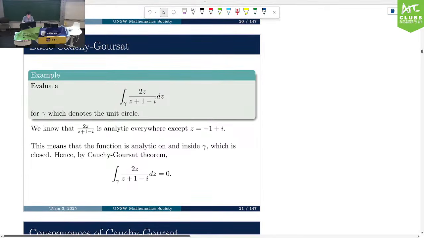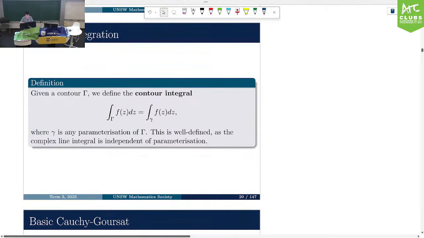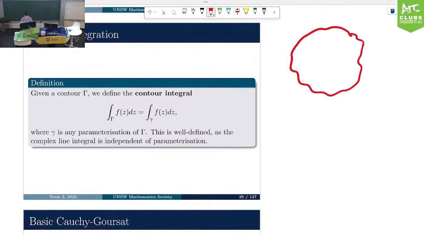Yep, so another thing that's very useful in complex integration is the Cauchy-Goursat. So if I have any arbitrary contour, for example, I'll just draw some random closed contour, and the function is analytic inside and on gamma.